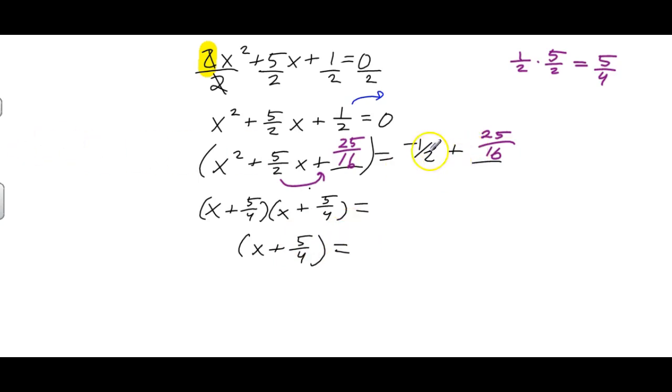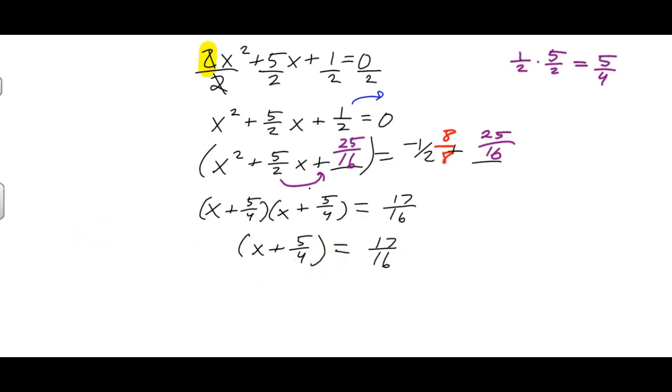Just wait, kind of delayed gratification here. I want to get a same denominator of 16, so we do 8 and 8 here. And I get negative 8 over 16, so plus 25 is 17 over 16. So I get 17/16. Kind of a weird number there.